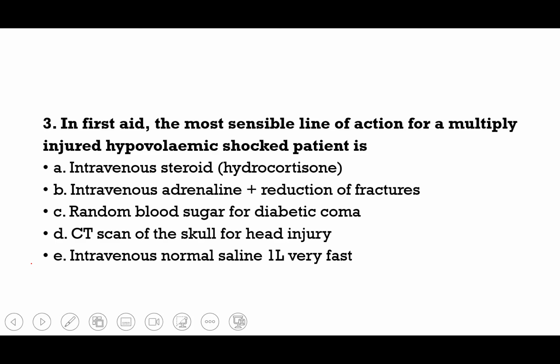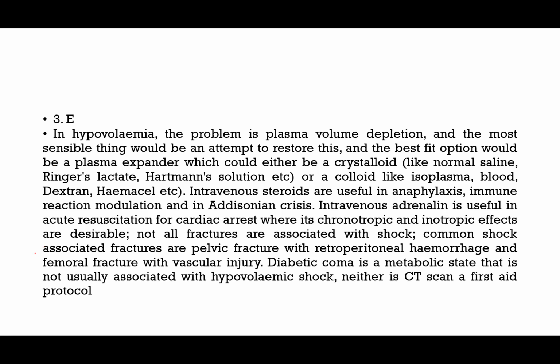D, CT scan of the skull for head injury. Now, the first line, the first aid is to expand the effective circulating volume. Of all these options that are provided, intravenous normal saline 1 liter is given fast to expand the intravascular volume.